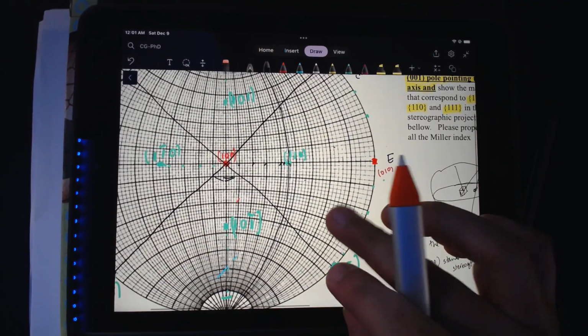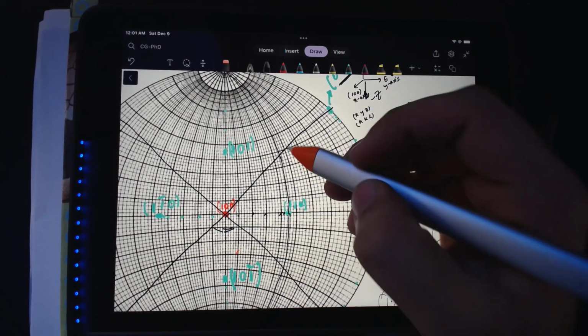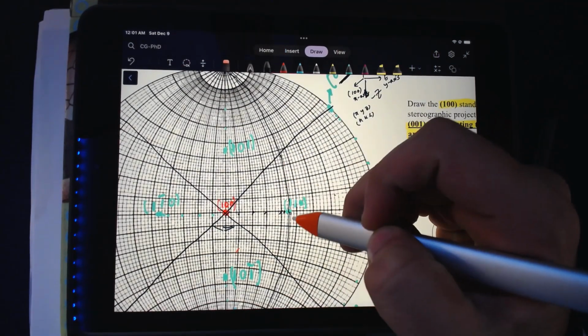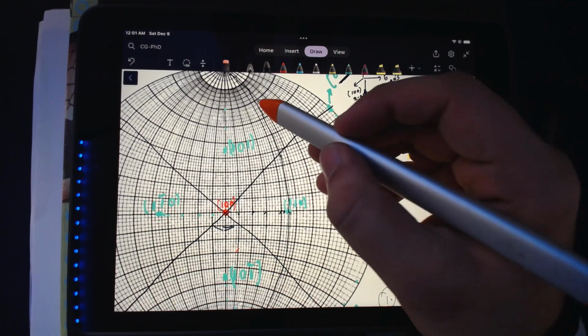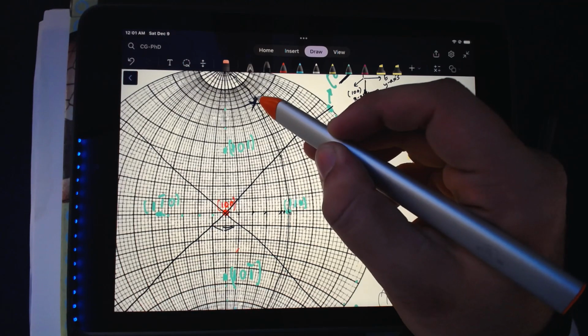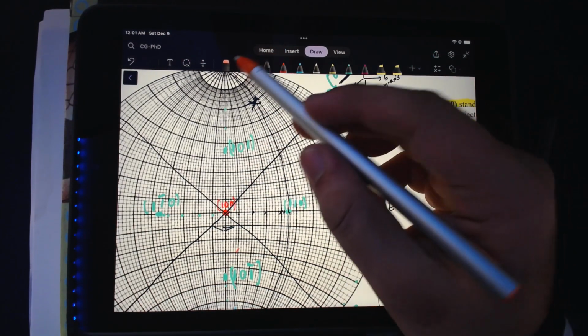And on exam sheets, I'd recommend using a pencil in case you erase things and make mistakes. Any point on this entire great circle, even the point over here, is exactly at 45 degrees from the center.